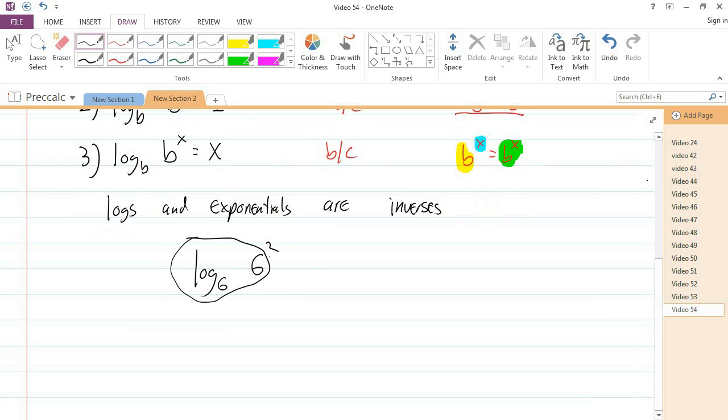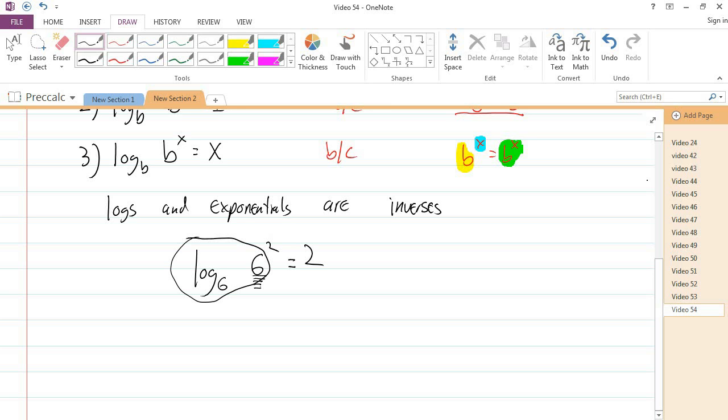Raising 6 to the second power is the inverse operation of taking a log with 6 as a base. And what I get left over is the 2. Okay? Property 3 lets me cancel out a base and get at the exponent.